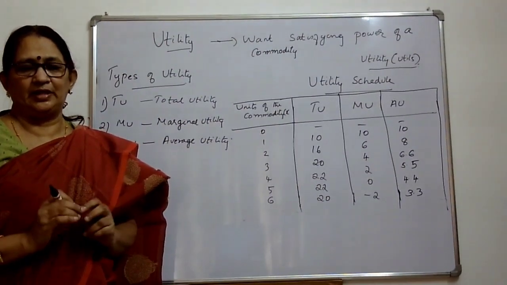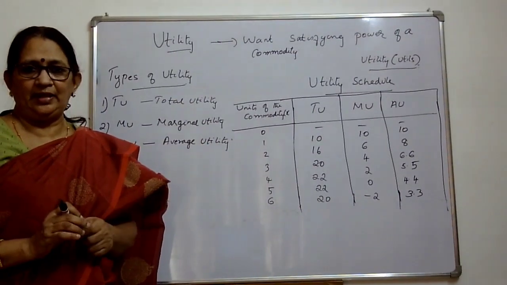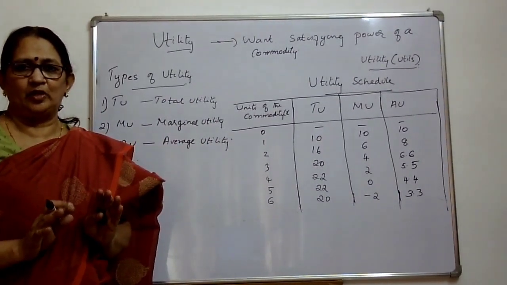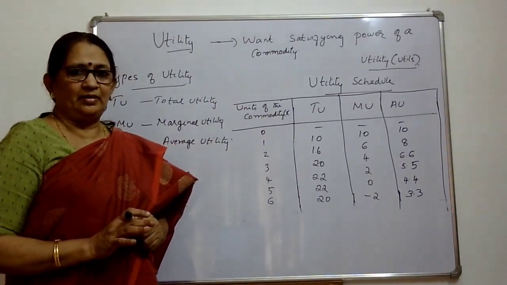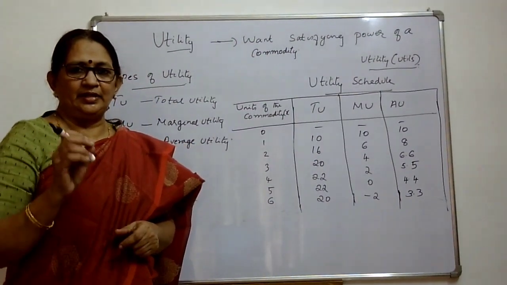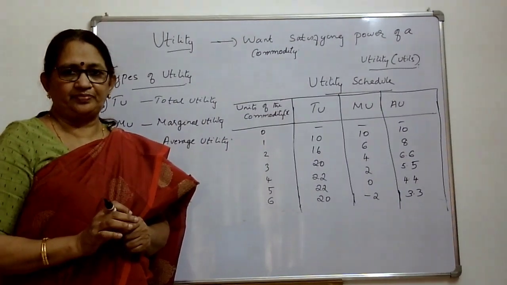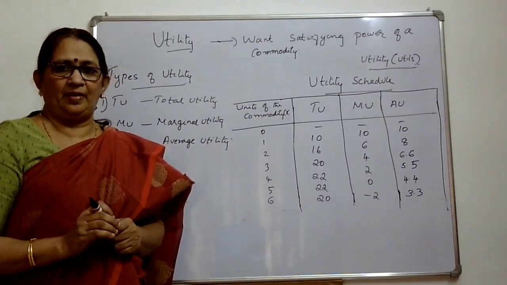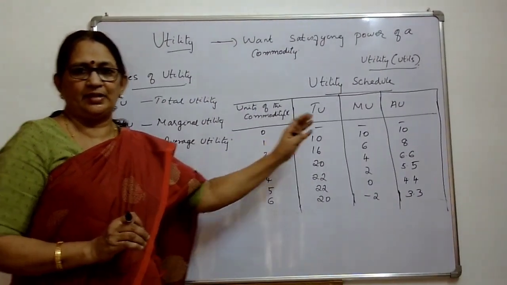A consumer is consuming different units of a commodity continuously, and the total satisfaction derived by the consumer is total utility. So what is marginal utility? When a consumer consumes one more unit of a commodity, what is the extra utility gained? That is marginal utility.